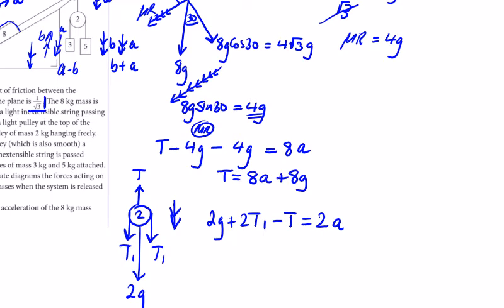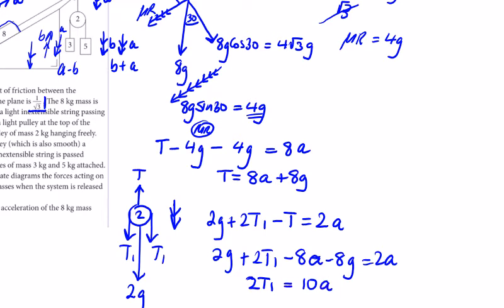I could replace that T with 8A plus 8G to get 2G plus T1 minus 8A minus 8G is equal to 2A. So I'm going to get 2G minus 8G. So I'm going to get 2T1 is equal to 10A, 2A plus 8A, and we have minus 6G plus 6G.